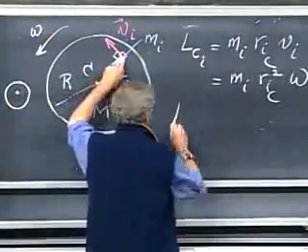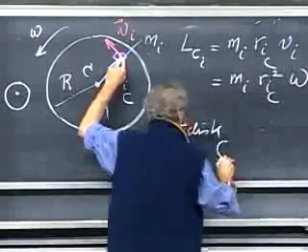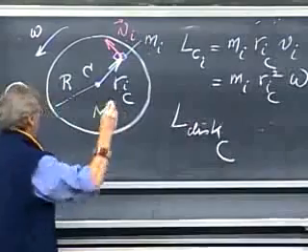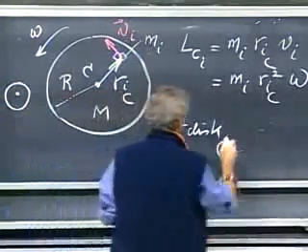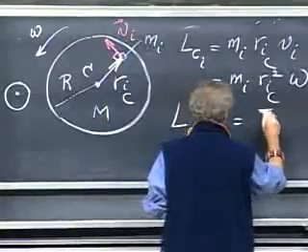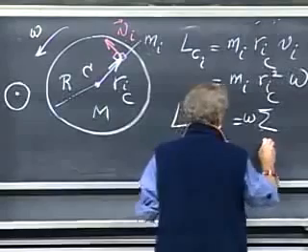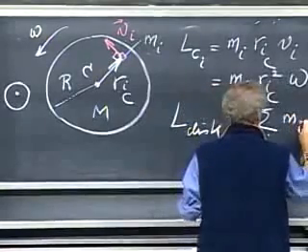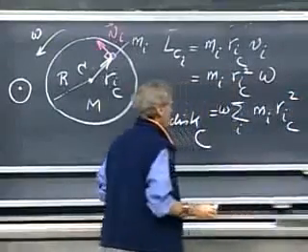But now I want to know what the entire angular momentum is about that point C. There's an axis going through the center of mass, through the center of the disk, perpendicular to the blackboard. And now, of course, I have to do the summation of all these elements i. I can bring the omega outside, and I would have then the summation of m of i, r of i relative to that point C squared.